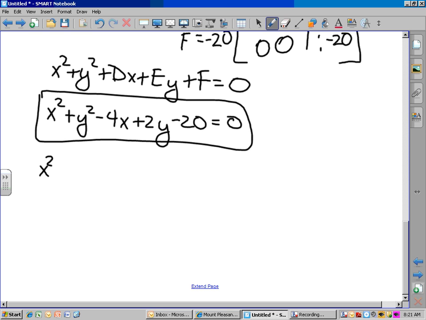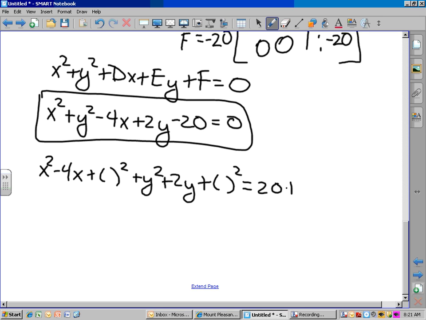I'm going to group the x's together. We're going to try to do this a little bit more efficiently. I got an x, I got an x, I got a quantity squared. I got my y squared, I have my y, and I have a quantity squared. I move the 20 over, and I'm going to add 2 quantity squares. Do several steps at one time.